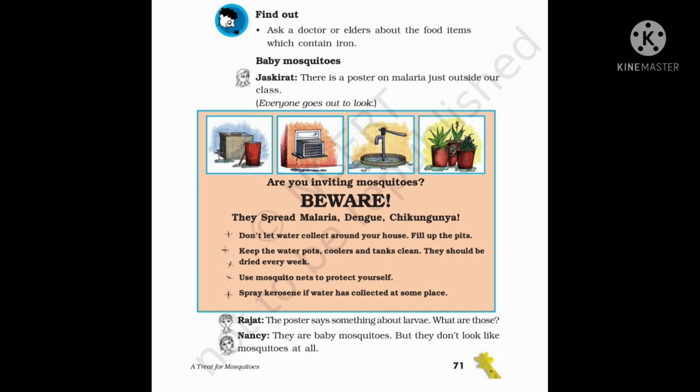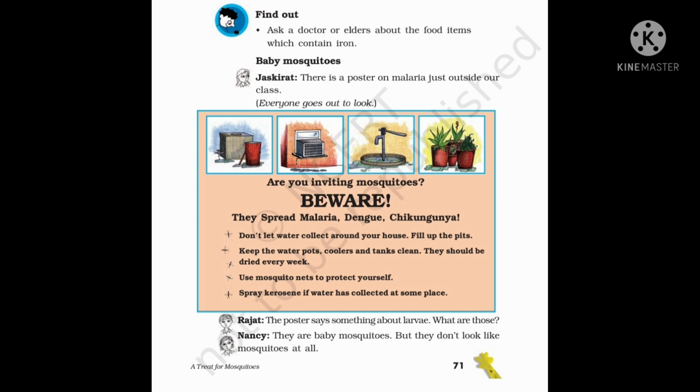Spray kerosene if water has collected in some place. Just a few drops of kerosene will be enough to make sure that the mosquitoes don't breed in that area anymore.